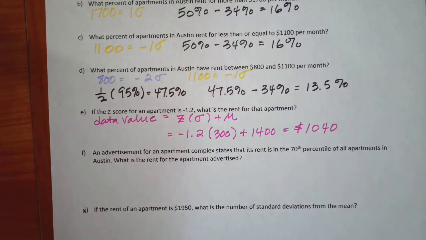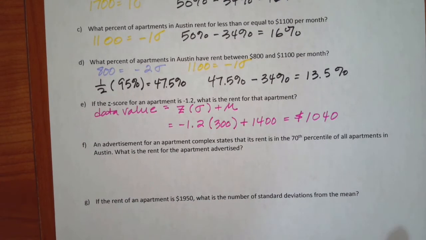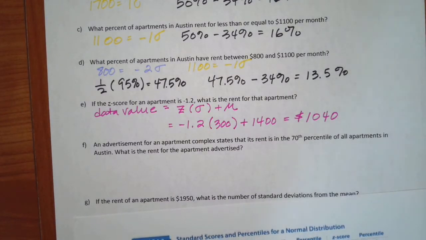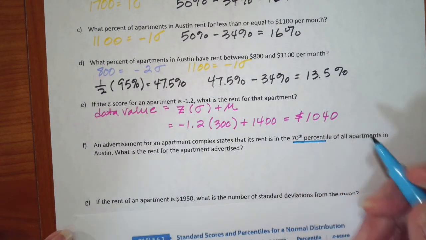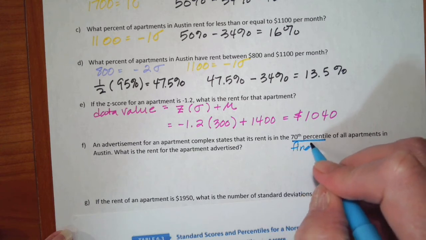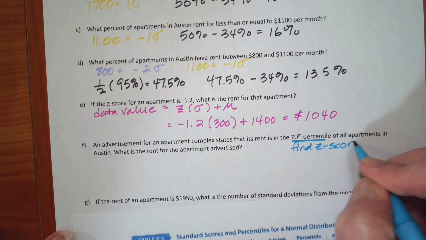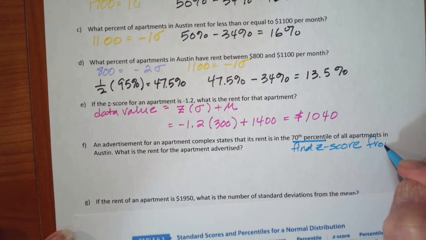An advertisement for an apartment complex states that the rent is in the 70th percentile. So what is the rent? Okay, if it's in the 70th percentile, I'm going to find the z-score from the table.